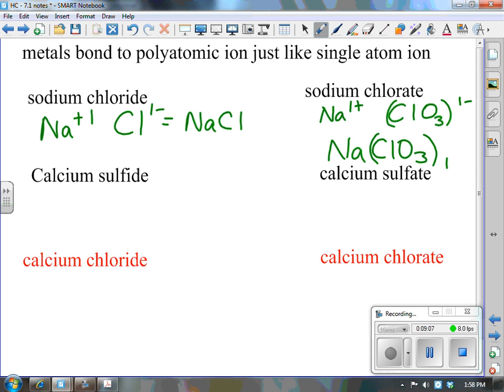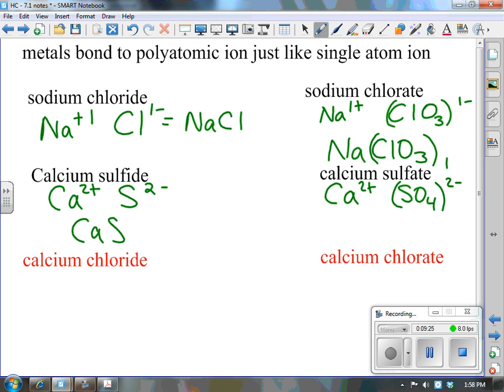Okay. Calcium sulfide. Calcium, 2 plus. Sulfide, sulfur, 2-. CaS. Calcium sulfate: Ca, 2 plus. Sulfate, SO4, and the whole thing is a 2-. +2, -2 cancel each other out.